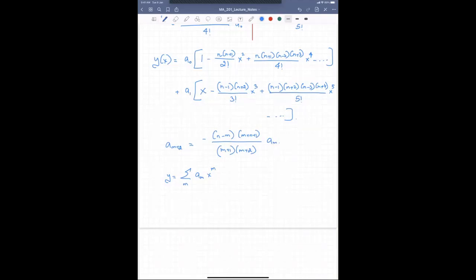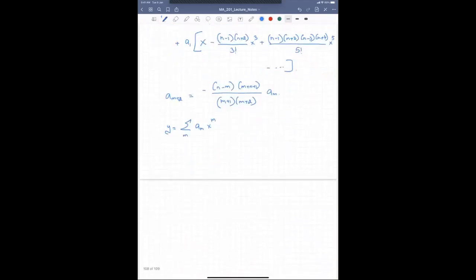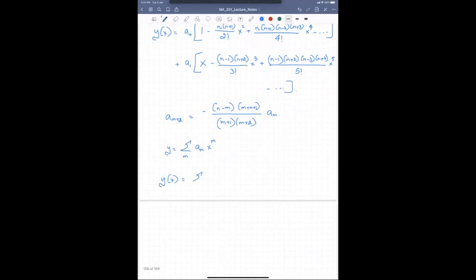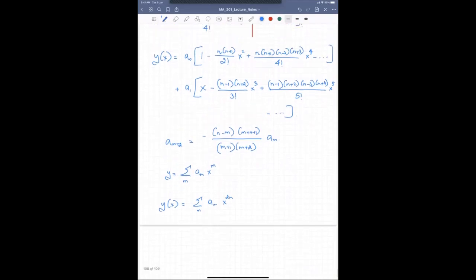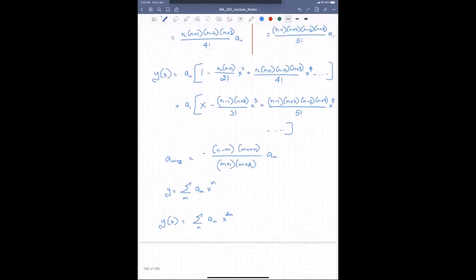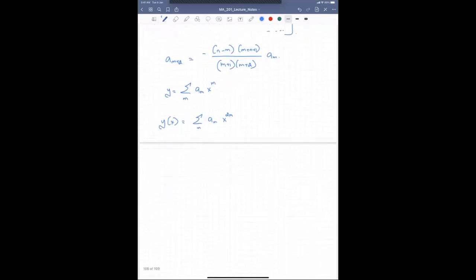There are two factors of x. In other words, what I'm saying is that y of x in this series is basically something like this, right? So in the second series, if I pull out a factor of x, this also becomes 1 minus x squared plus x to the 4 and so on and so forth, right? So it's an expansion not in x, but in x squared.